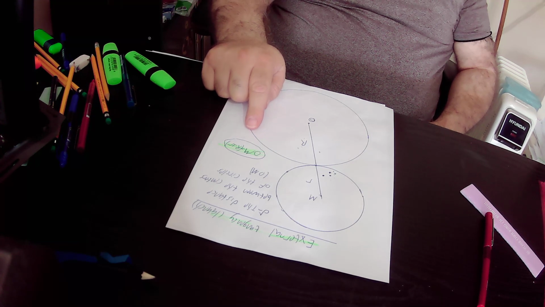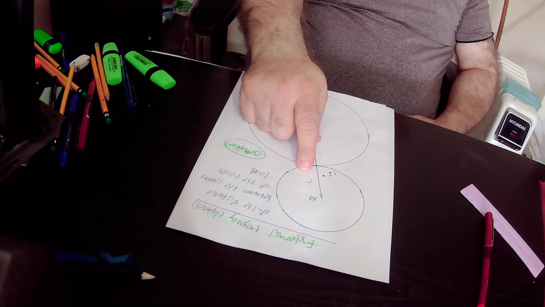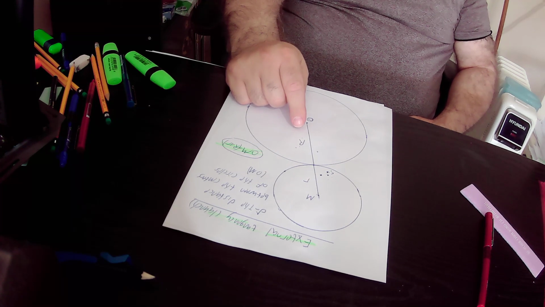That is to say, it will be equal to the radius of this small circle, that is small r, plus the radius of the big circle, that is capital R.